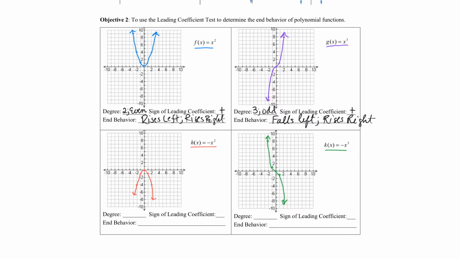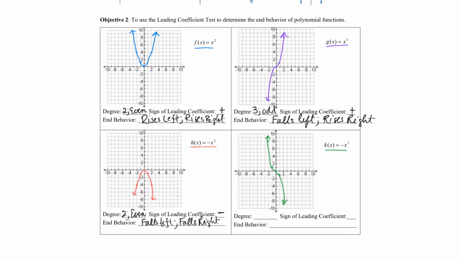Now, if I take my parent quadratic and reflect it about the x-axis, the degree is still 2, even. The sign of the leading coefficient is now negative, though. And so now it's going to fall left, and also fall right.